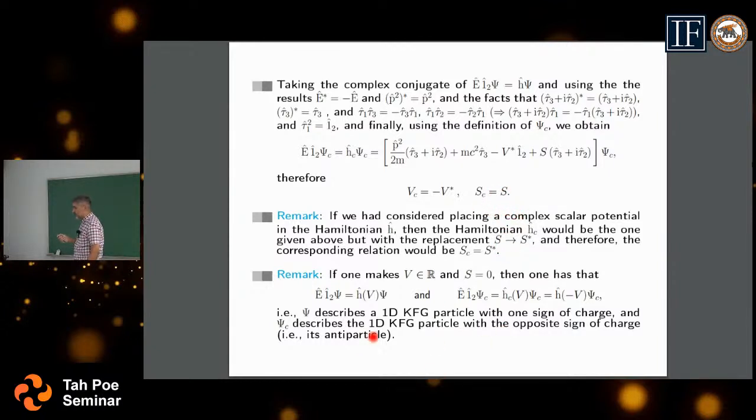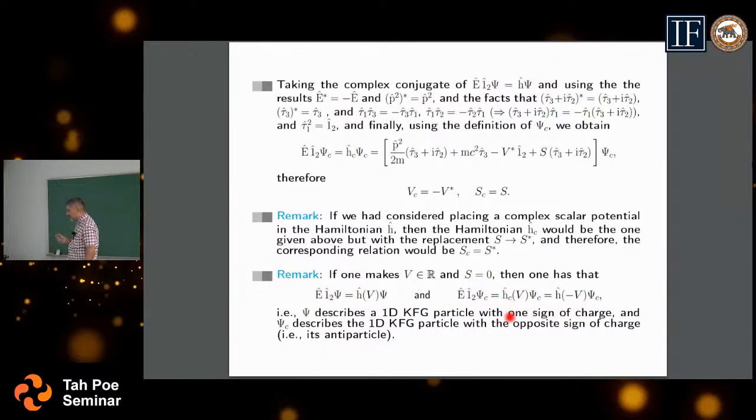And now another simple remark, because this is relativistic quantum field theory, trivial. This is the case treated in books. When V belongs to R, so the potential is real, and you don't have, for example, the scalar potential, you have this formula. So this operator with V describes something, and this operator with minus V describes the other.